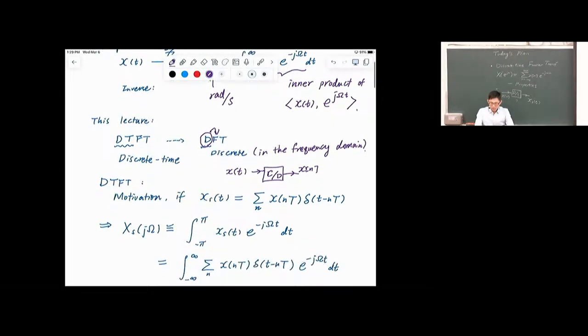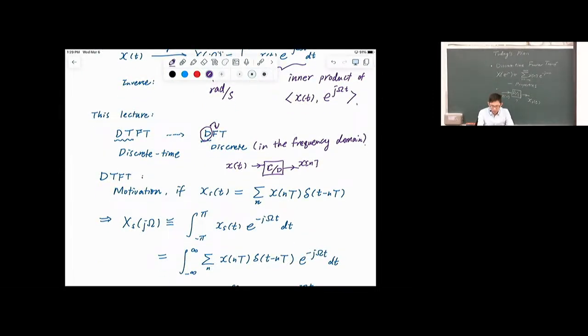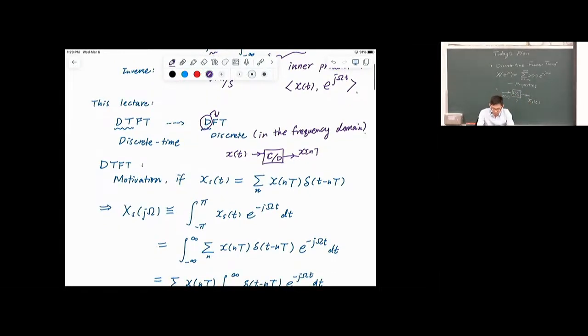Equivalently, we can think of sampling as if the signal becomes an infinite series of impulses. After sampling, time becomes discrete, so you can think of sampling as transforming a continuous time signal into a train of impulses, a sequence of impulses.